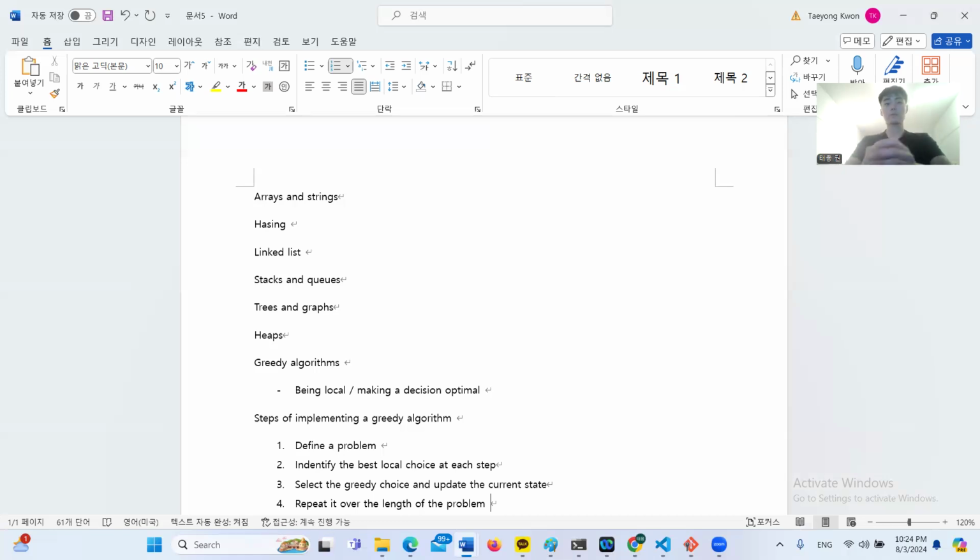But the difficult part is, rather than implementing it, justifying the choice of using greedy algorithms. Because greedy algorithms are going to reduce the complexity by miles. But sometimes it will not make the absolutely correct choice, the correct outcome.